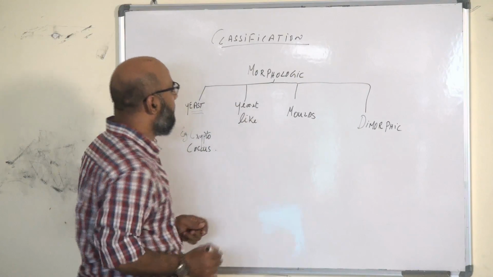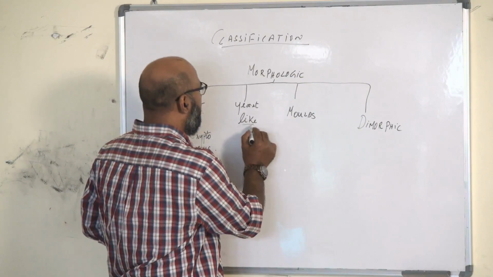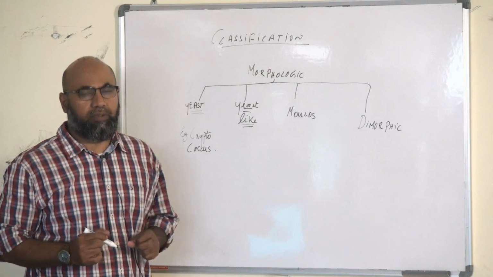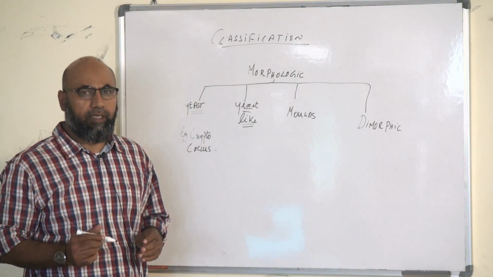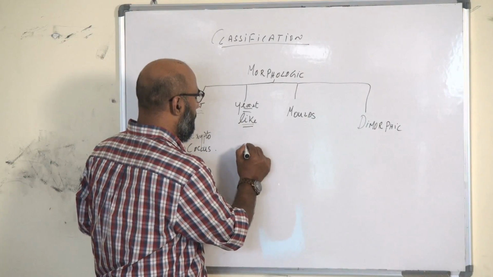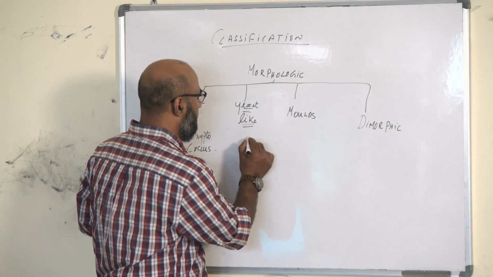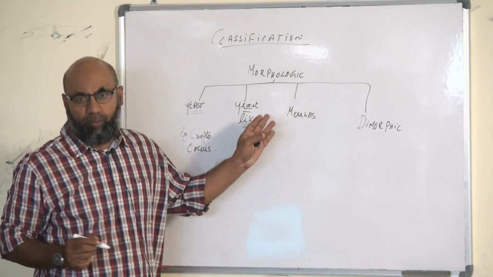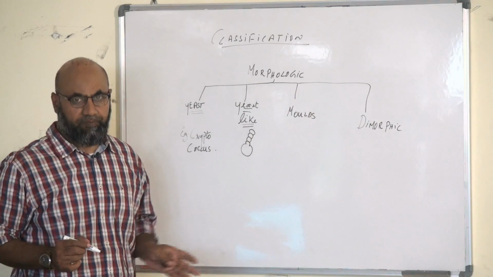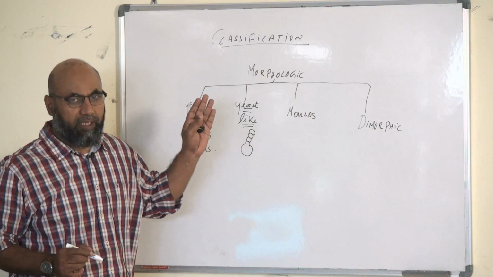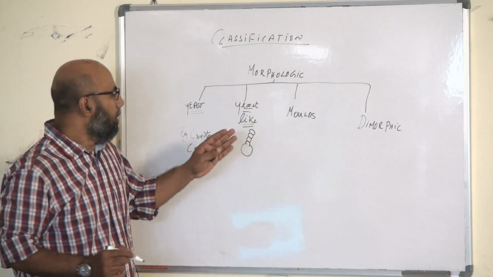Now, yeast-like fungi. Yeast-like fungi are also yeast, but they contain budding cells which look like structures that we actually see in molds, which are the hyphae. Hyphae and mycelium are the structures that are actually seen in molds.